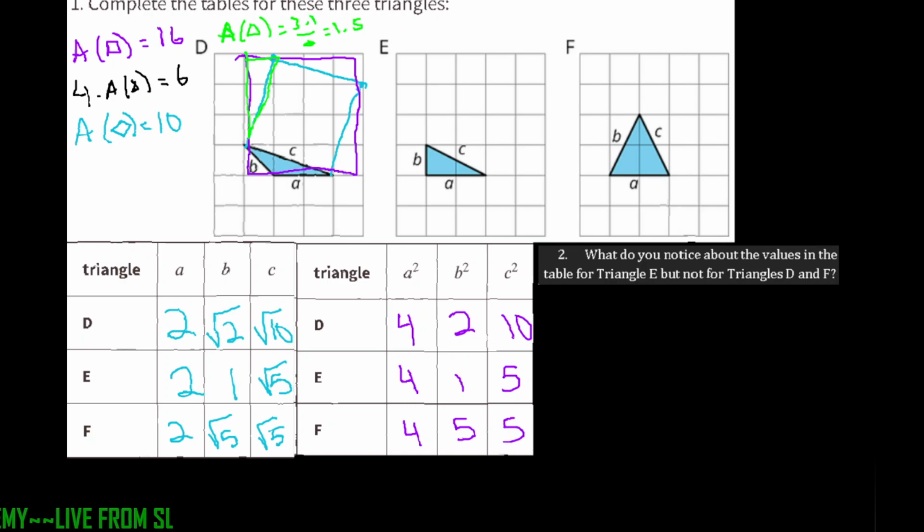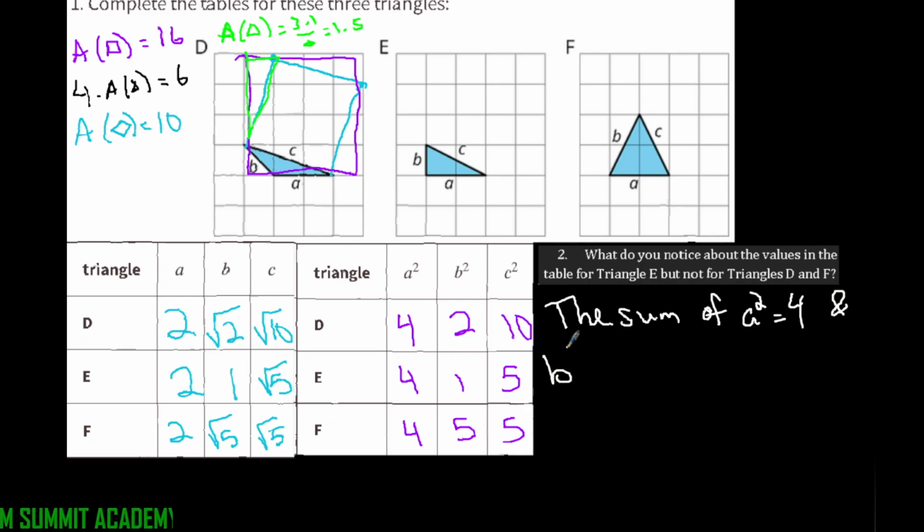Then for number 2, it says, what do you notice about the values in the table of the triangle E, but not for the triangles D and F? Well, let me write this down real quick. I can say A squared equals 4, and B squared equals 1.